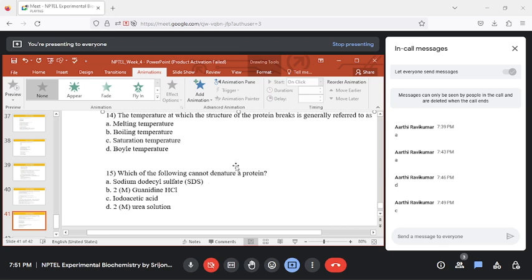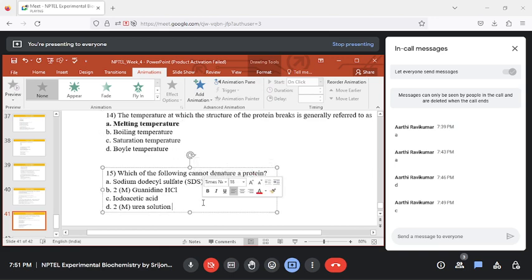When the protein is half native and half denatured, what is that temperature called? We call the temperature the melting temperature, or the Tm. So A is the right option.